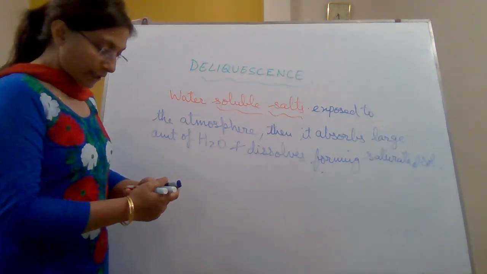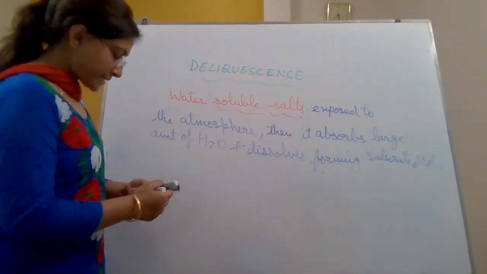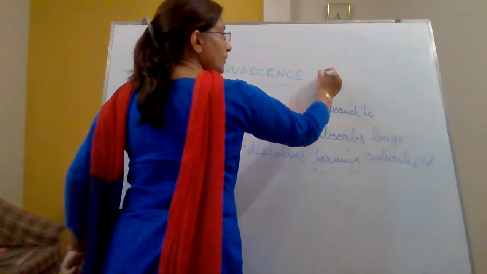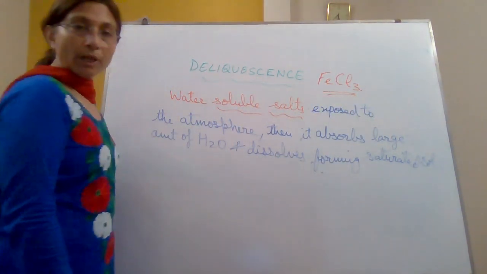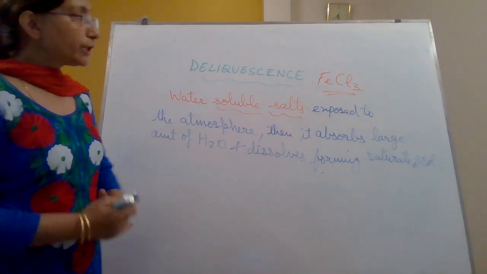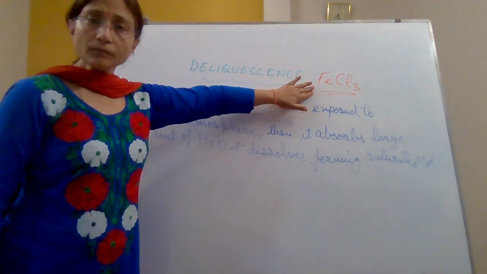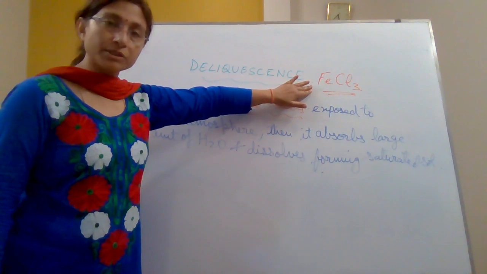एक बहुत अच्छा deliquescent salt का example है ferric chloride. It is reddish brown in color. This you will be doing in your class 10. Ferric chloride is such an interesting salt.